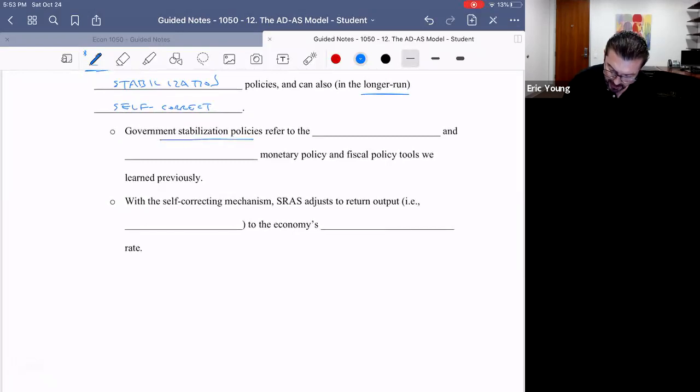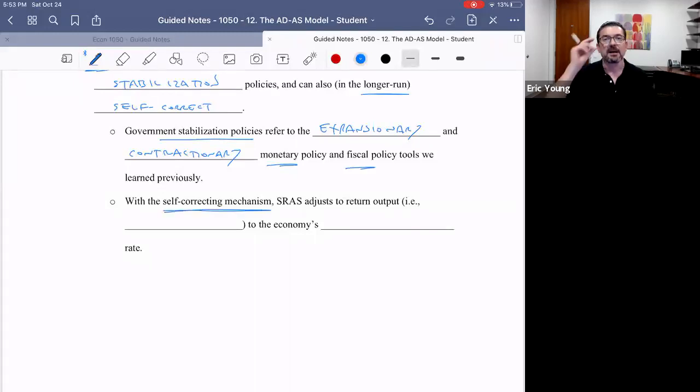The stabilization policies, you already know them, my friends. They refer to the expansionary and the contractionary policies, monetary and fiscal, that you've already learned about, okay? When it comes to the self-correction angle, there's this idea that some economists hold called the self-correcting mechanism.